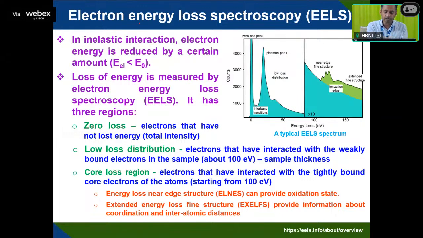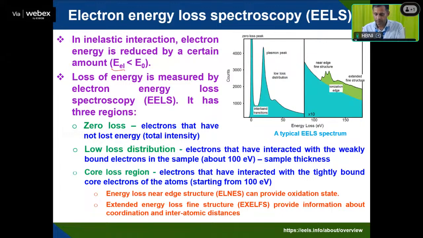That uses electron energy loss spectroscopy, or EELS. In inelastic scattering, the energy is reduced. If the initial incident energy is E0, the transmitted electron has energy less than E0. This loss of energy is measured by EELS, and the spectrum has three regions.